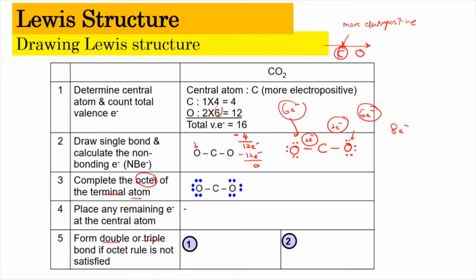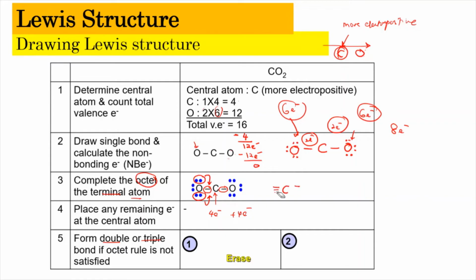As you can see here, the carbon has only 4 electrons because it has 2 here and then 2 here. So it needs another 4. This can happen when this electron here is transferred to there, and then this electron here is transferred to here, as if you're going to form a triple bond.